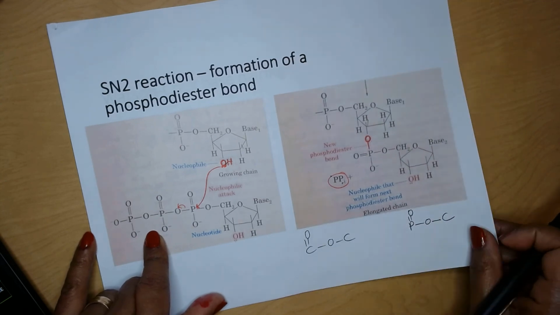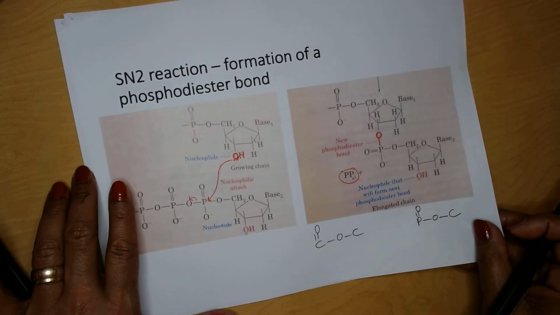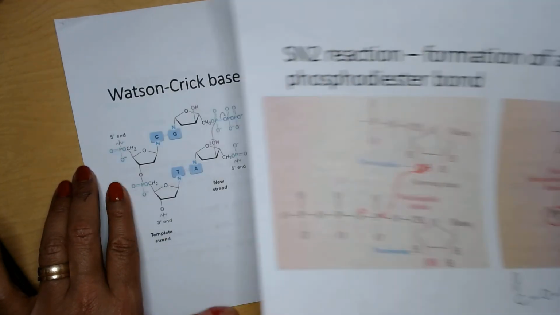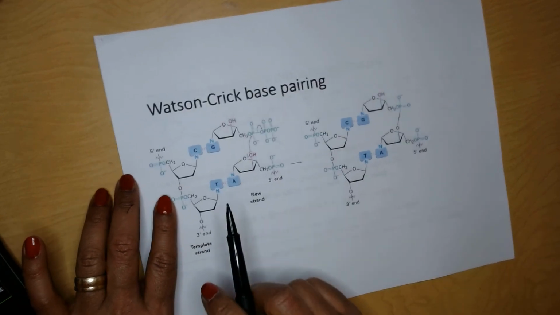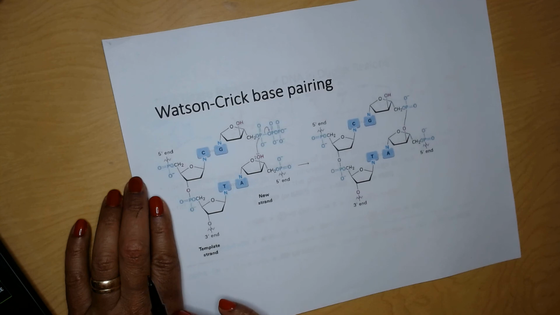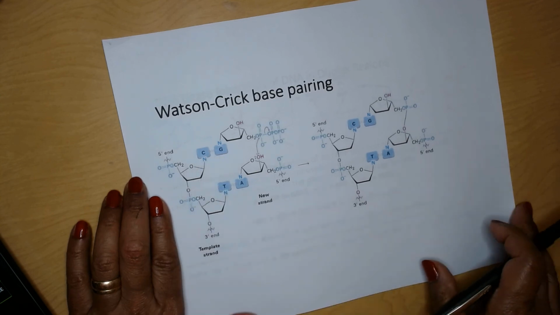So that is the formation of the phosphodiester bond. This enzyme is in charge of ensuring that we have the proper phosphodiester bond, and also the correct base pairing. So the same enzyme is checking both the phosphodiester bond and Watson-Crick base pairing.